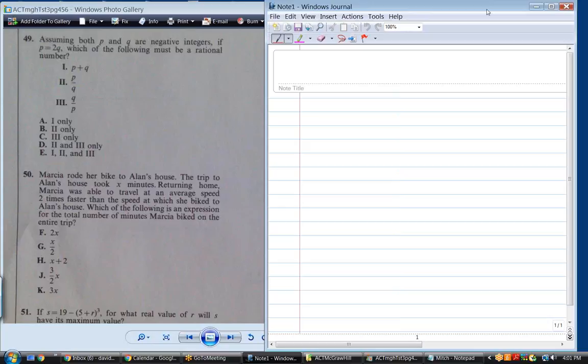I found that a good way to start on problems like this is let's come up with a couple of integers that satisfy the first part of this sentence. What two integers would be both negative integers where p would be equal to 2 times q? 1 and 2. Got to both be negative integers. Yeah, -1, -2.